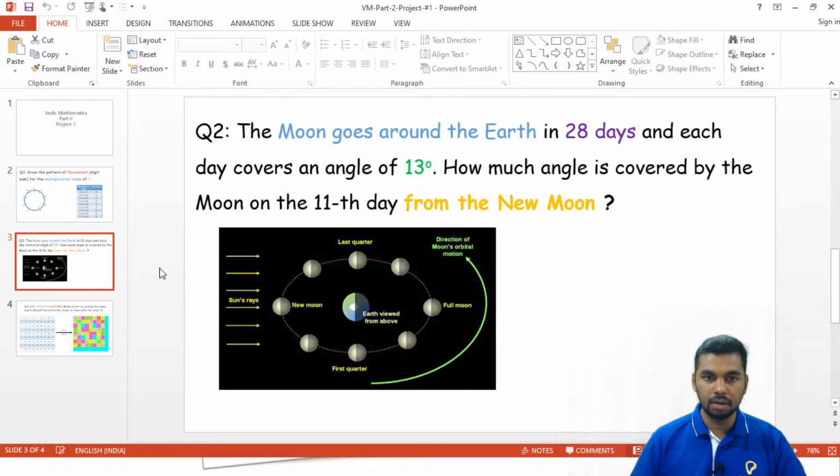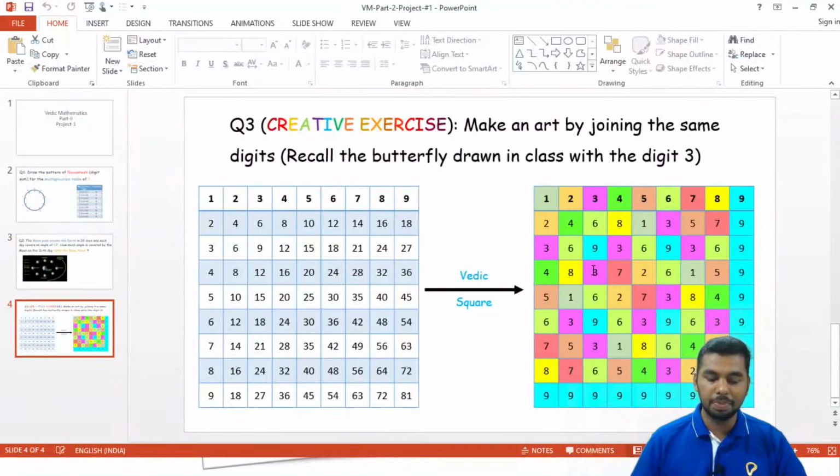Question number 2 is an application question. You have to find what degree the moon makes on the 11th day while it goes around the earth. I have given a small hint: the angle that the moon covers each day is 13 degrees.